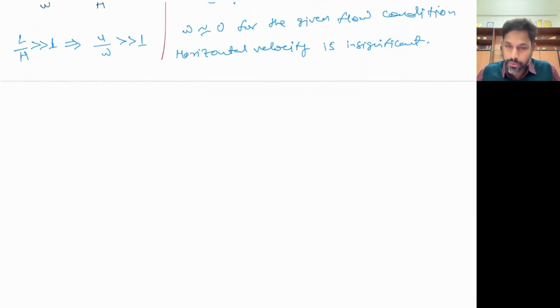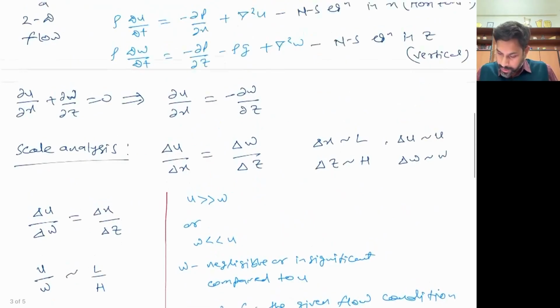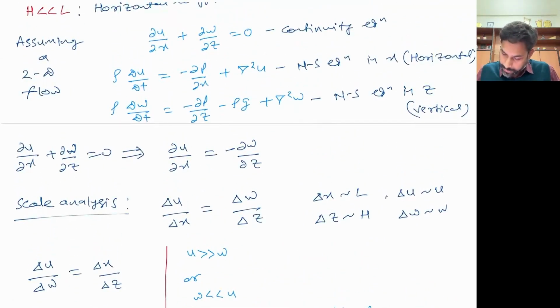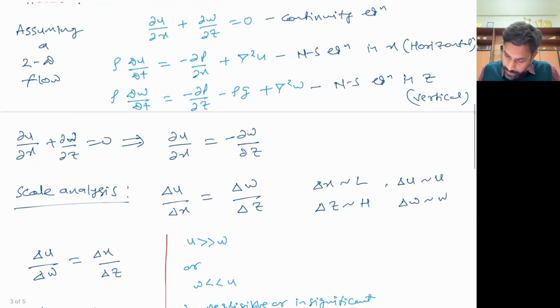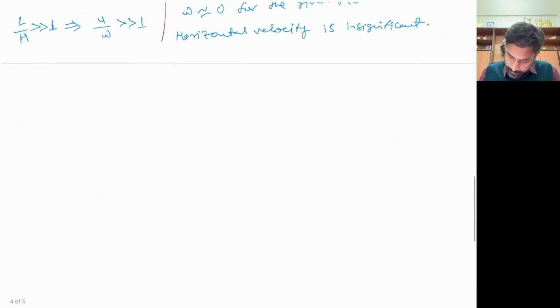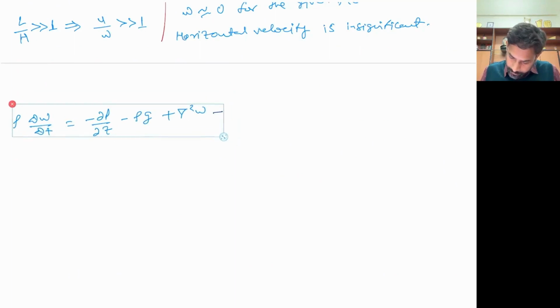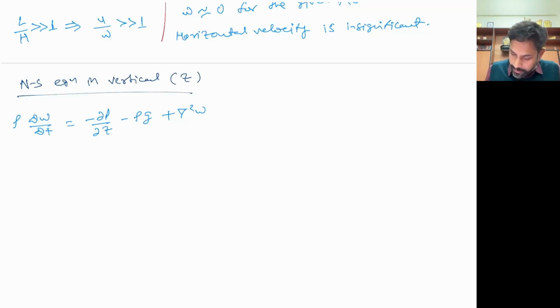So now we can use this information in the other equation, and that is the Navier-Stokes equation that we have. In this Navier-Stokes equation, which is written particularly for the vertical direction, which is the z direction, let's copy this equation.